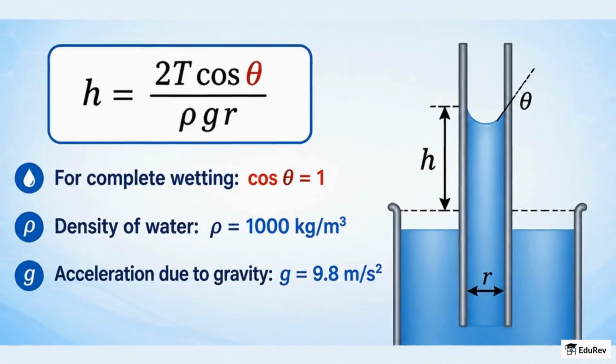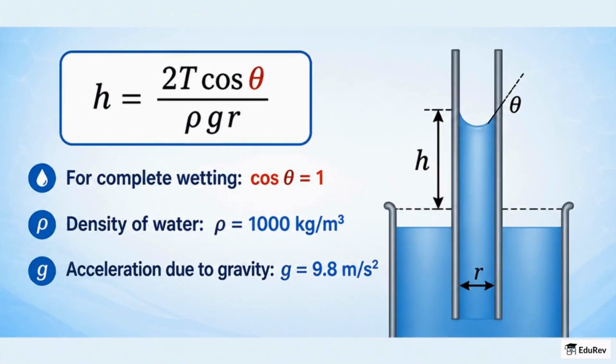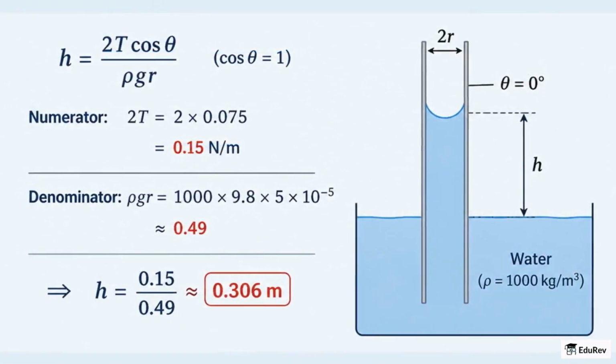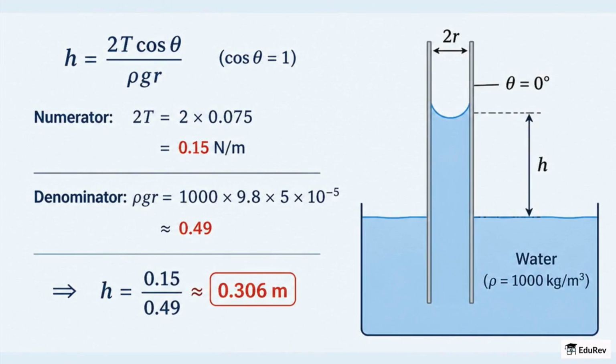Use h equals 2 times T cosine theta divided by rho g r, with cosine theta equal to 1 for complete wetting, rho 1000 kilograms per cubic meter, and g 9.8 meters per second squared. The numerator 2 times T is 2 times 0.075 equals 0.15.